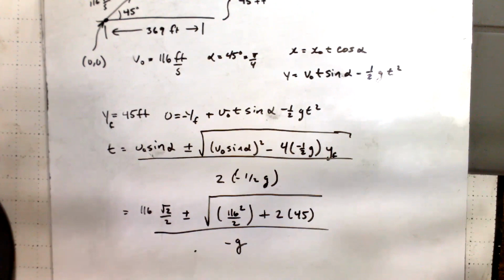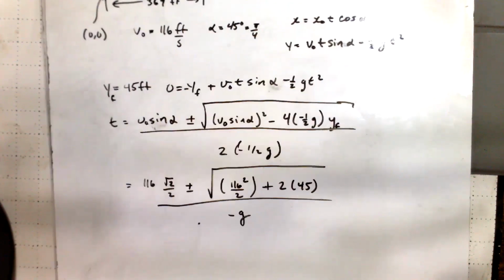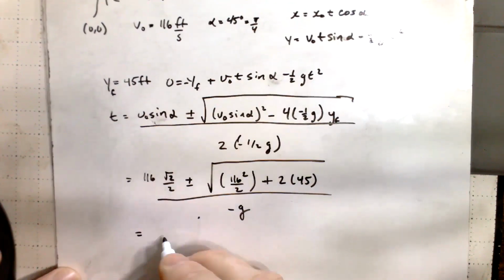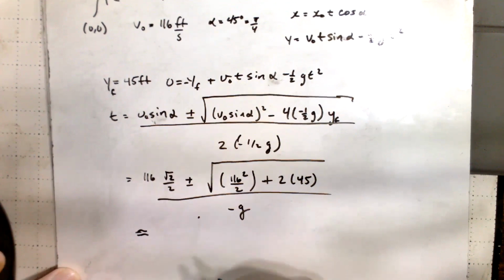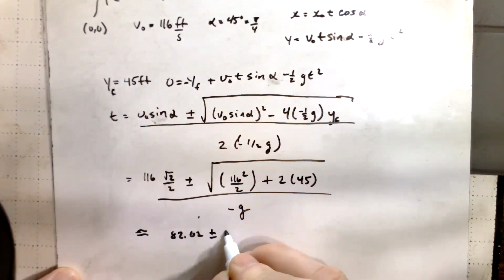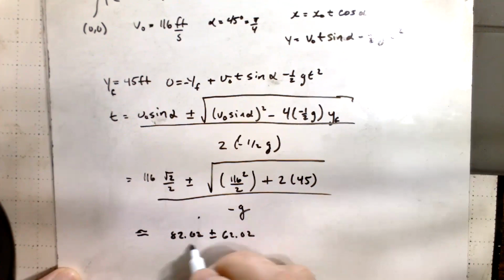Okay. And so if we plug in all that fantastic information, this turns out to be 82.02 plus or minus 62.2 over 32.